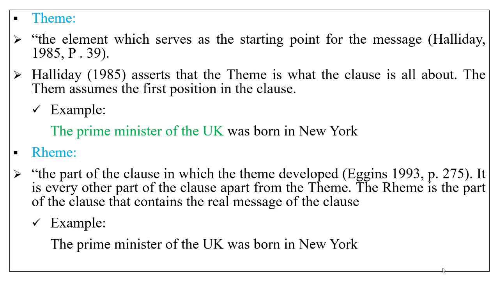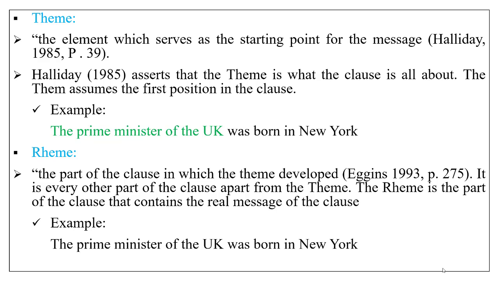It is every other part of the clause apart from the theme. So the rheme is the part of the clause that contains the real message of the clause. So this is just like what we said with information structure when we have the given and the new. Here the theme is the starting point. It is the first part of the clause, but the rheme is the second part of the clause, and it is the part of the clause that contains the real message, the thing that you want to convey.